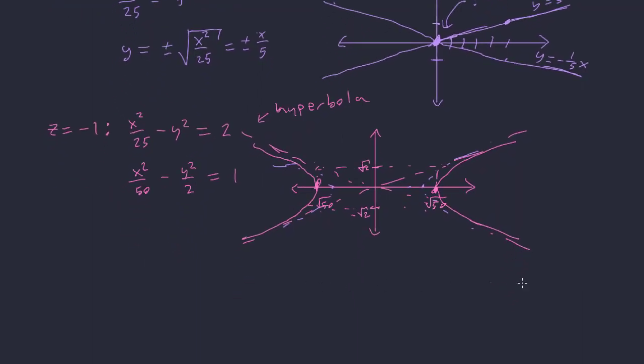Okay, and if I take another step down to z equals -2, we'll get x squared over 25 minus y squared is equal to 3, which will give us x squared over 75 minus y squared over 3 equals 1.